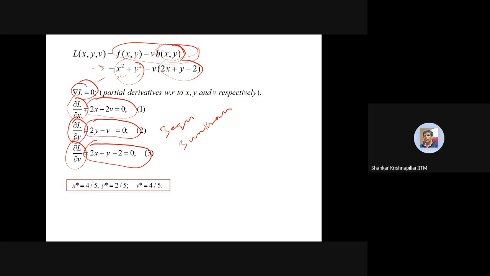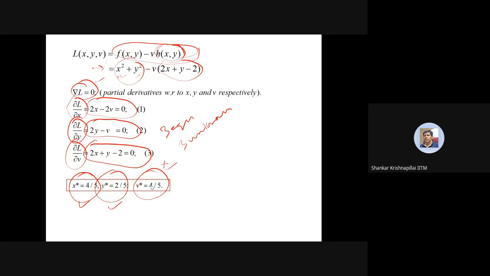You can solve for x star equal to 4 by 5, y star equal to 2 by 5, nu star equal to 4 by 5. So you got your answer, x star and y star. For an equality constraint problem, the value of nu star is not very important. It only shows from which direction the contours are approaching the constraint boundary.